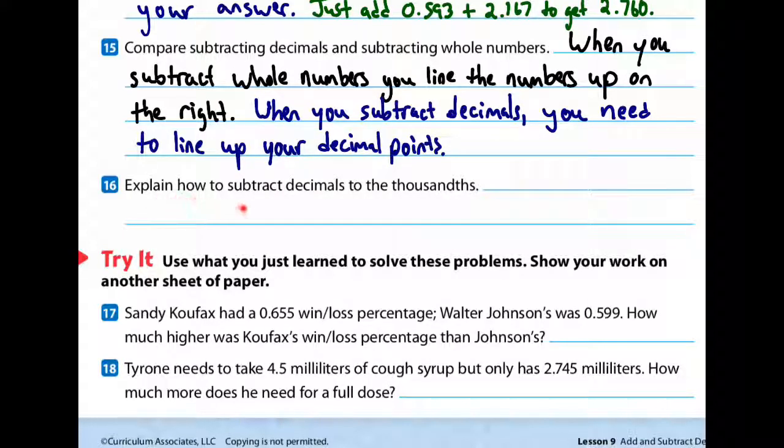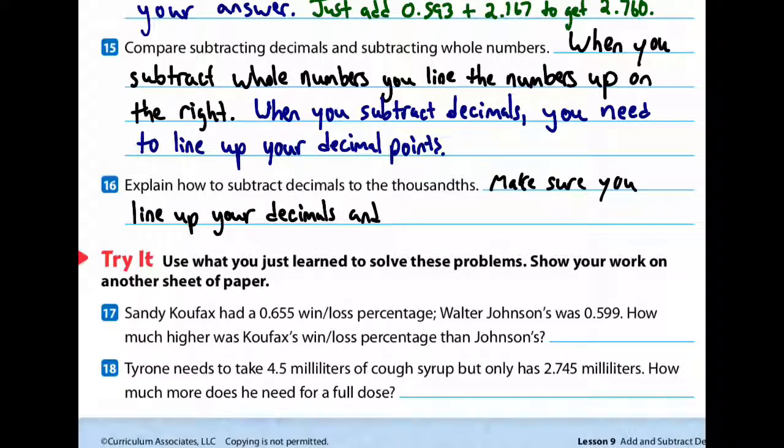Last, explain how to subtract decimals to the thousandths. Well, I would say make sure you line up your decimals and fill in empty spaces with zeros.